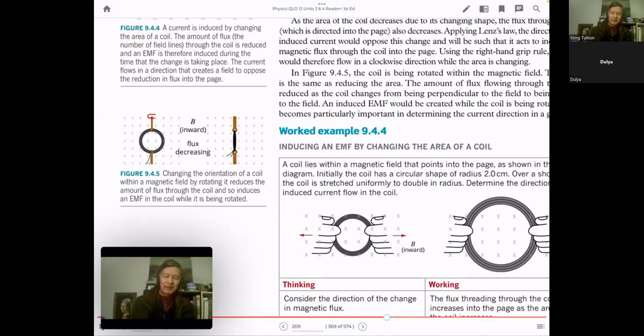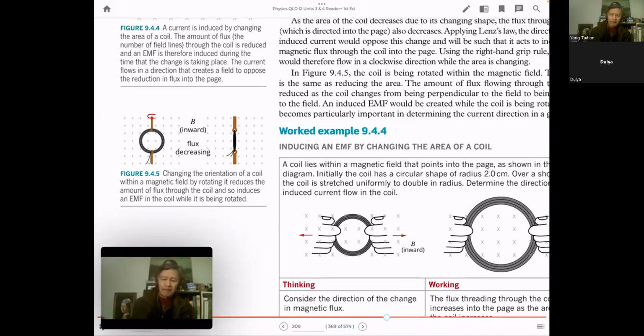So what would happen if you change the orientation of the coil? The flux will decrease, yes, because the area will decrease. So what is the direction of the induced field, induced current?